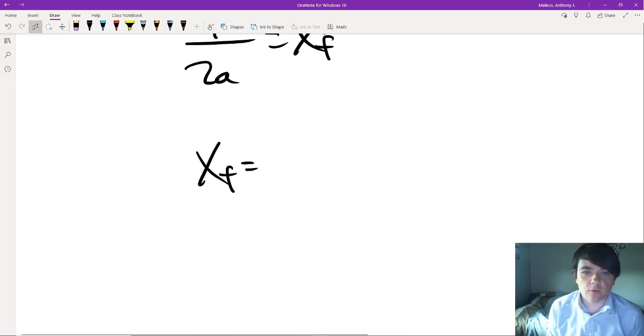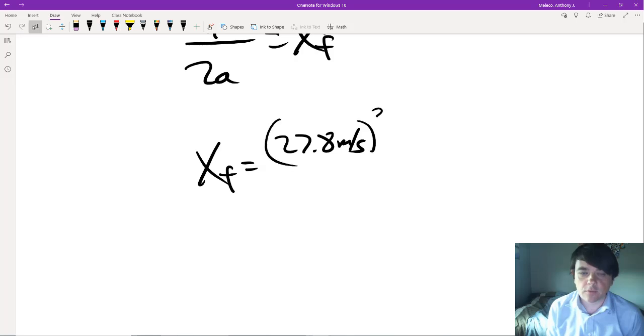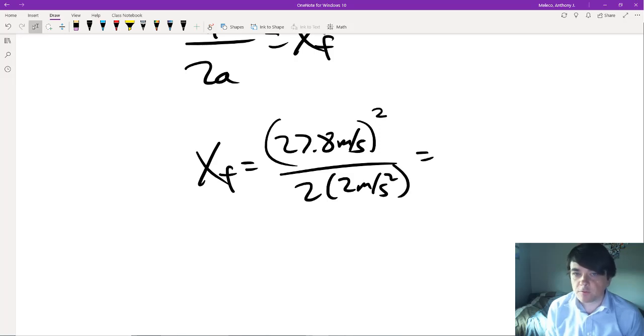So x final equals 27.8 meters per second squared over 2 times 2 meters per second squared. 27.8 squared is a really hard thing to know in your head, so I just write the answer. So x final is equal to 130 meters.